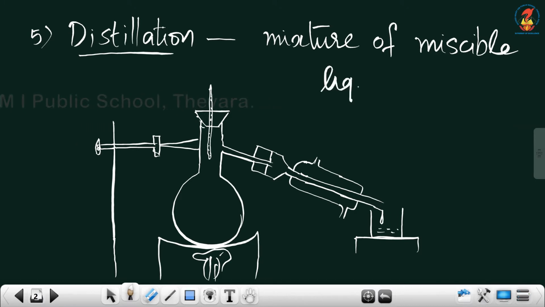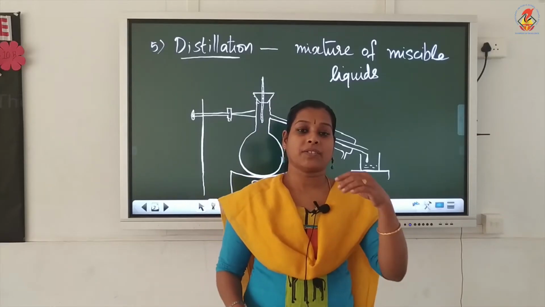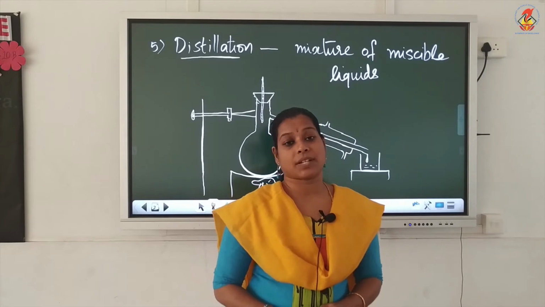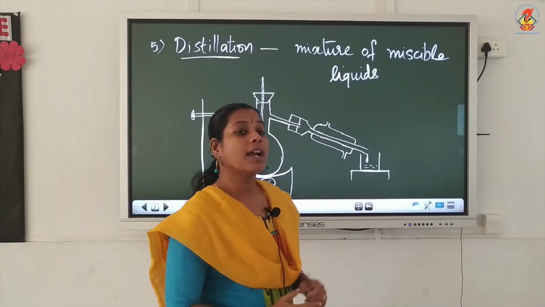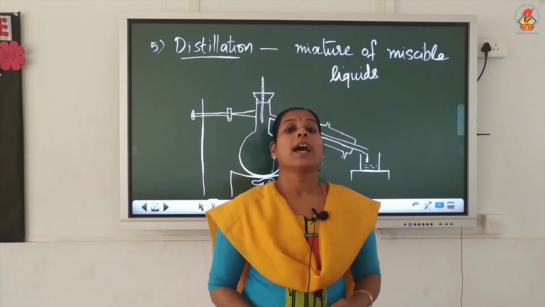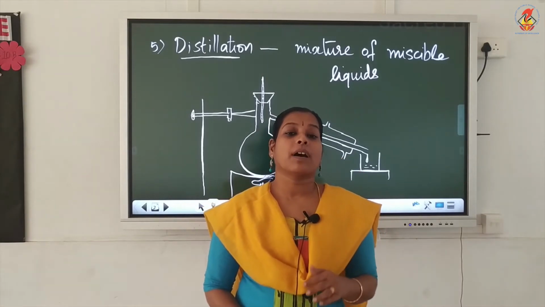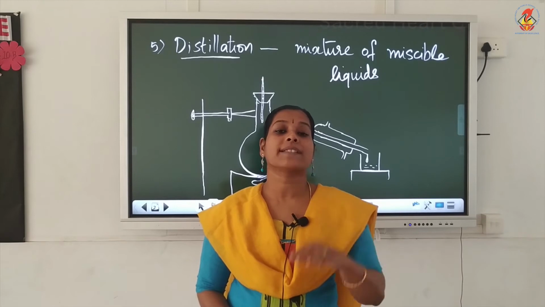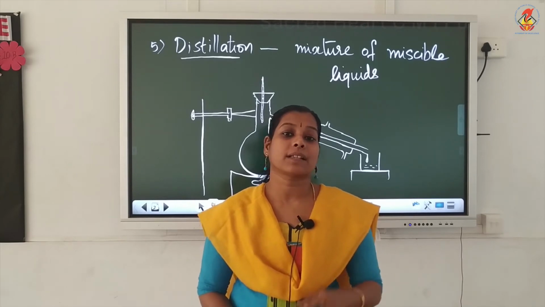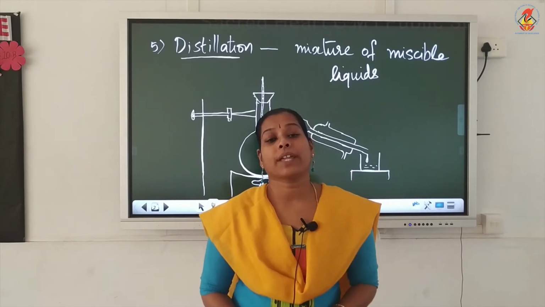If the liquid components are miscible with each other, then we will adopt the method of distillation for separating the different components. And one more condition is that the components should have a difference in boiling point of more than 25 Kelvin.